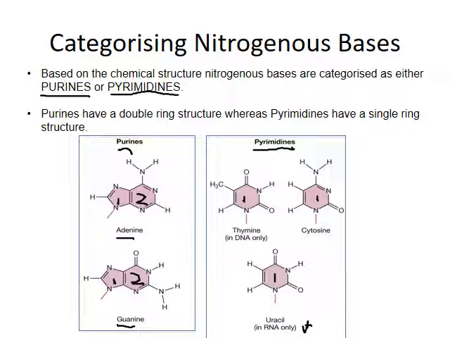The other thing I think of is if you say purines, pyrimidines, purines, pyrimidines, I feel like that flows off your tongue. But if you say pyrimidines, purines, pyrimidines, purines, it sort of doesn't flow. It's more natural to say purines, pyrimidines.